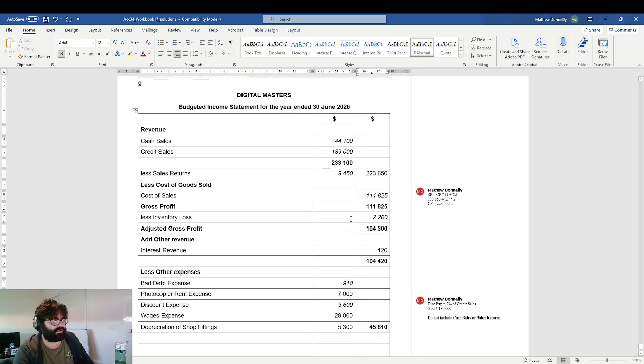Now, inventory loss. If we remember, inventory loss is 1% of sales. So we go 233,100 times 0.01. 2331 would be our amount. 2331.